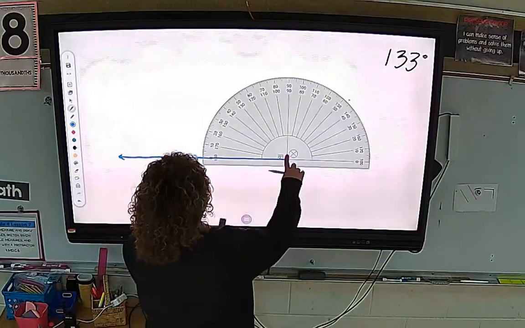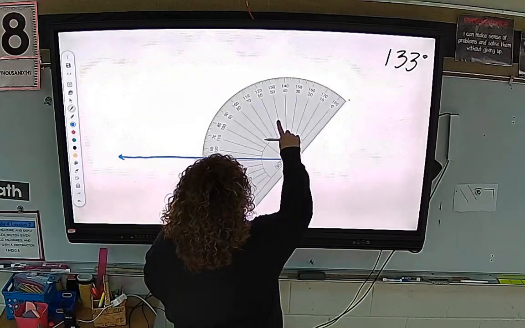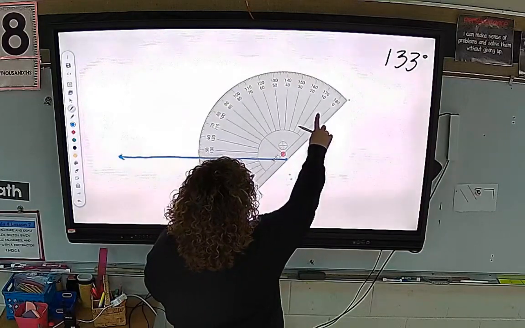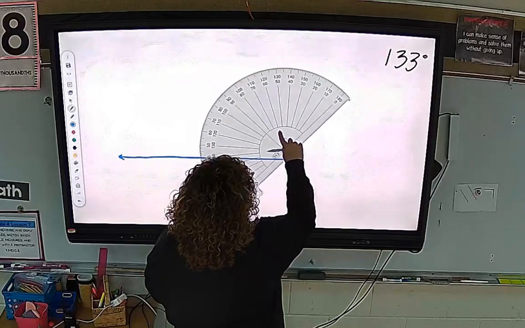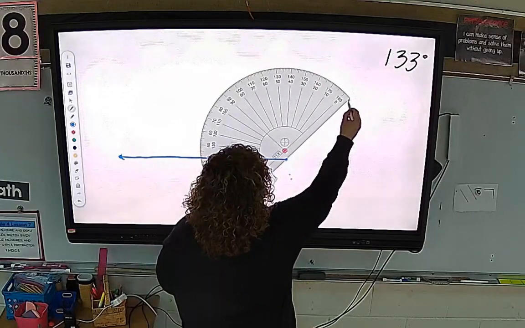Okay. All right, I'm moving this now, using it as a straight edge. Let's see if I can actually do that.